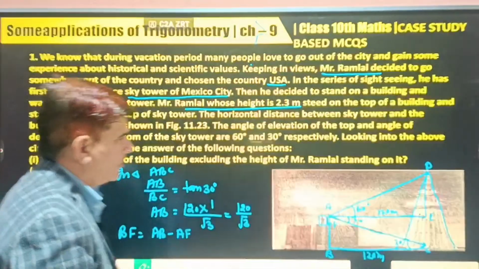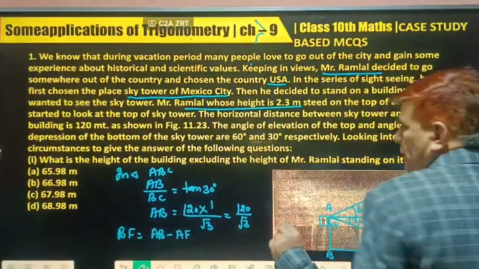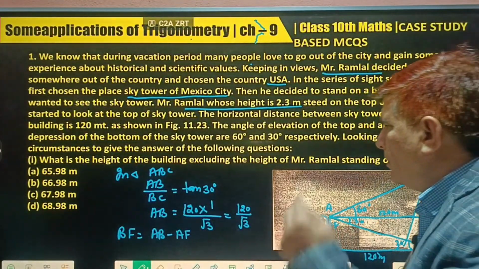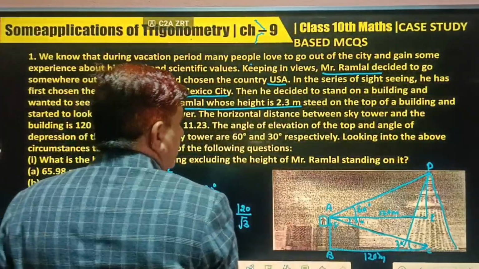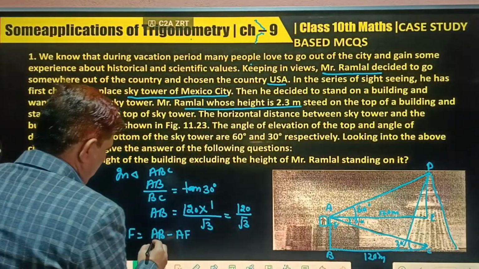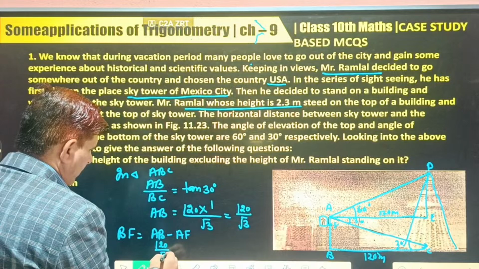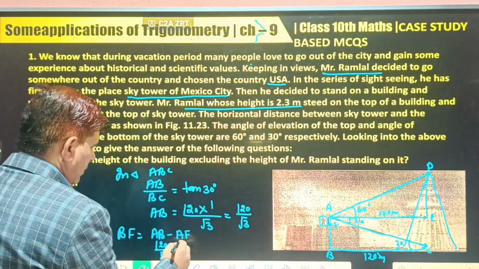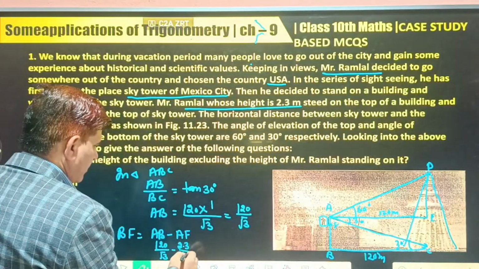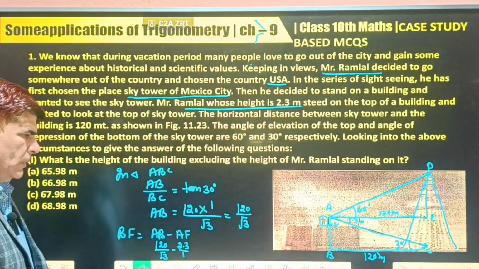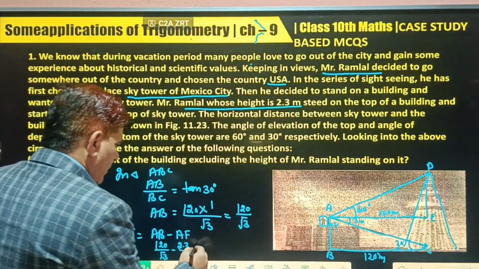What is the height of Ramlal? 2.3 meters. So it becomes 120 by root 3 minus 2.3 by 1. Yes or no?